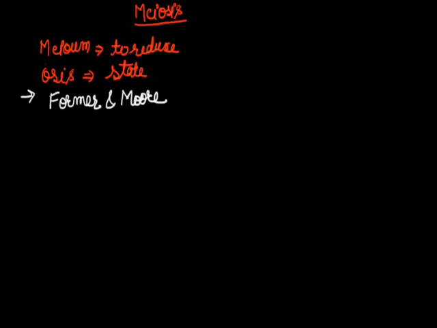Next point is about how we can define meiosis. So right now I'm going to give you a proper definition of meiosis. It's a special type of cell division in which chromosomes duplicate only once but the cell divides twice.